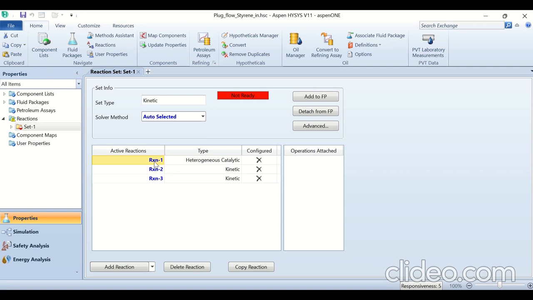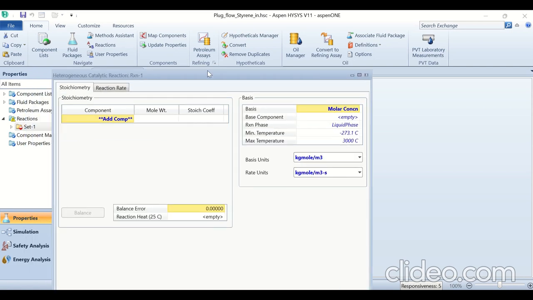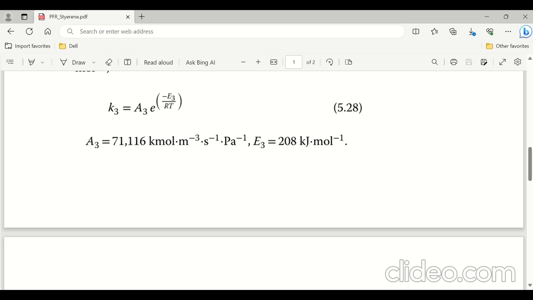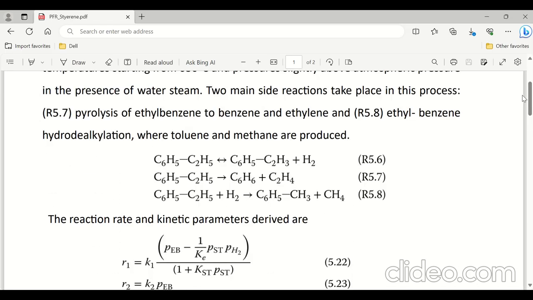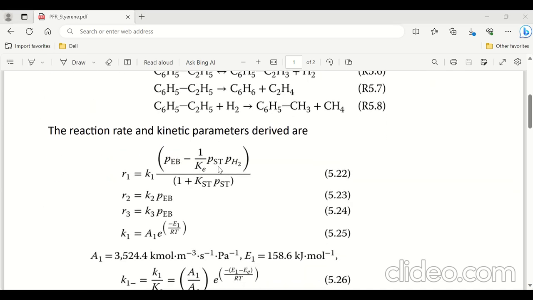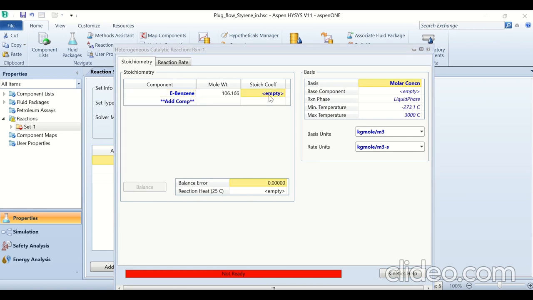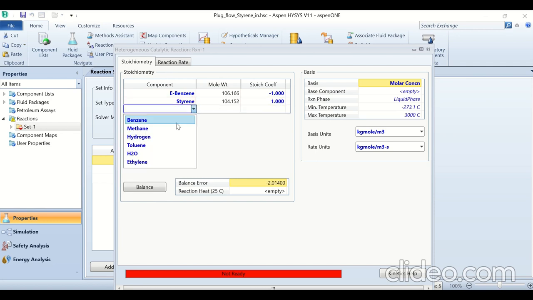So click reaction 1. This is the first reaction where ethylbenzene is converted into styrene and hydrogen, and this is a reversible reaction. So ethylbenzene minus 1, that means it is the reactant, is converted into 1 mole of styrene and 1 mole of hydrogen.